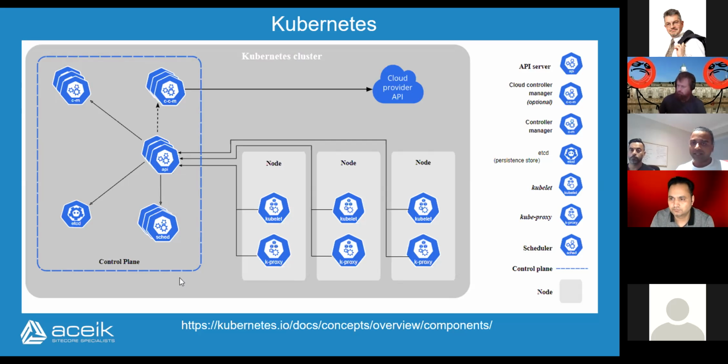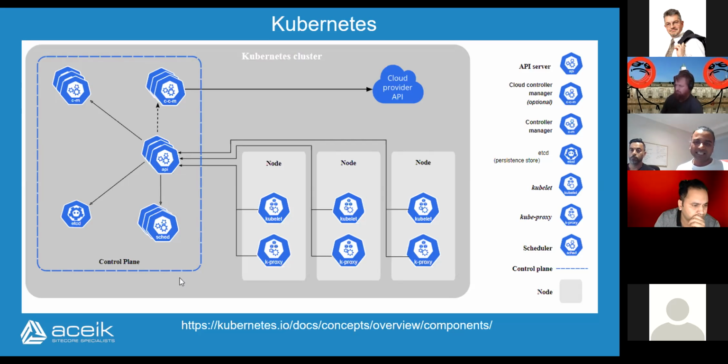It's got an API which is responsible for receiving all the Kubernetes commands, which then get passed on to the control plane, which schedules it. Then it takes the configuration files and performs a deployment into a particular node.